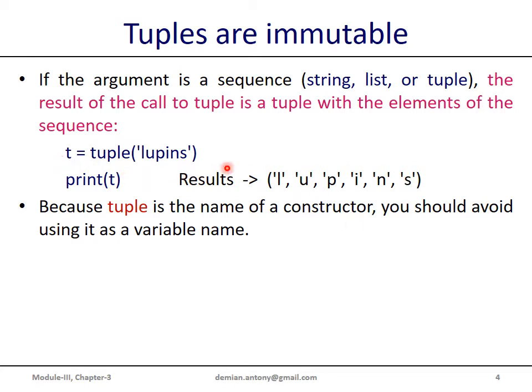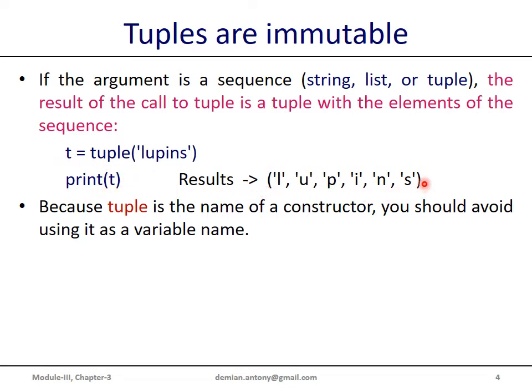Let's take up an example. Here we create a tuple t with the built-in function tuple, and the argument is a string. This tuple built-in function now returns a tuple with individual elements which are the characters present in this string. And the result of print t is a tuple.